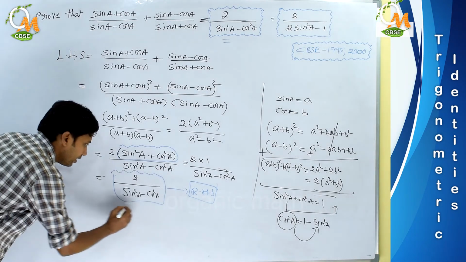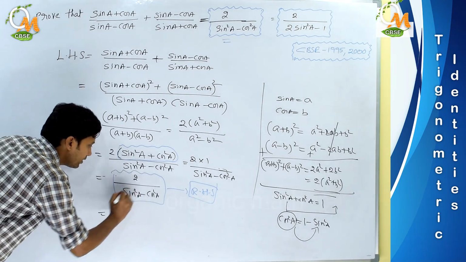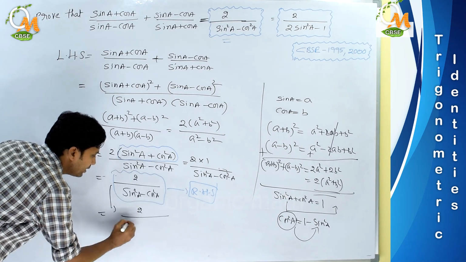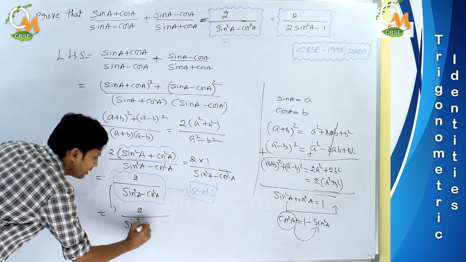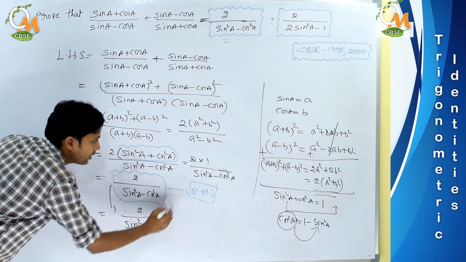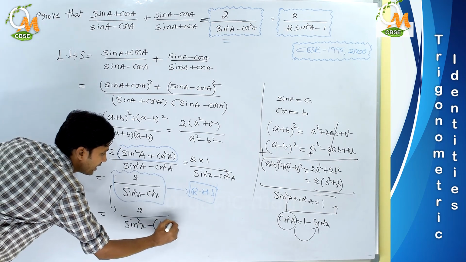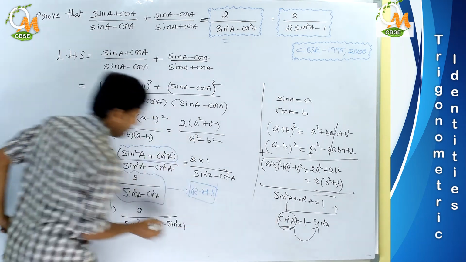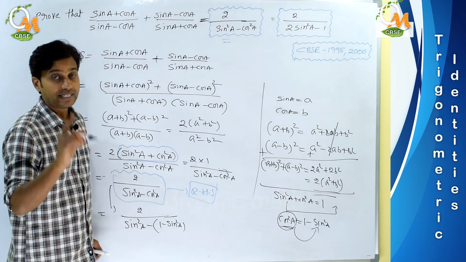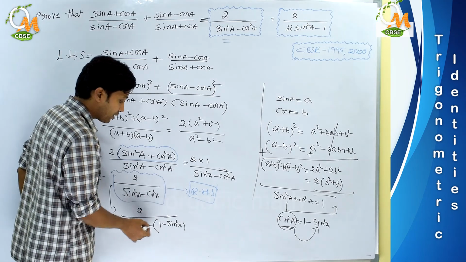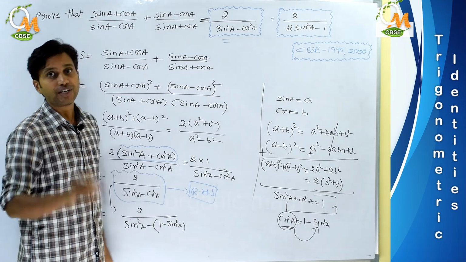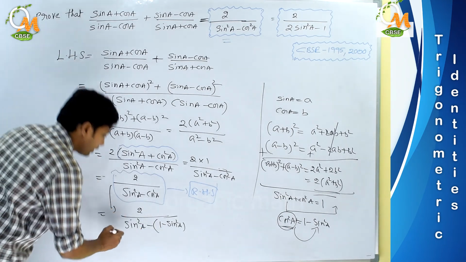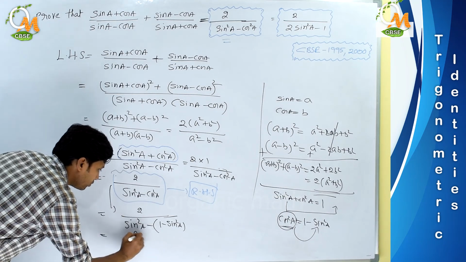So from this, what can we get? 2 by sin²A minus of 1 minus sin²A. In place of cos²A we can substitute 1 minus sin²A, but take care that you need to keep the bracket because there is a minus sign in front of it.